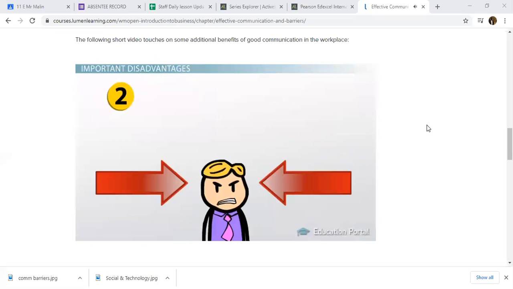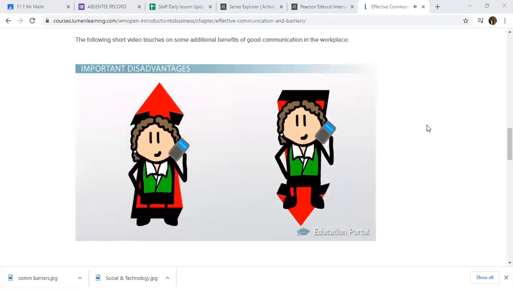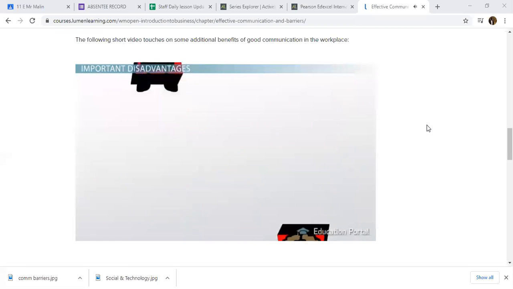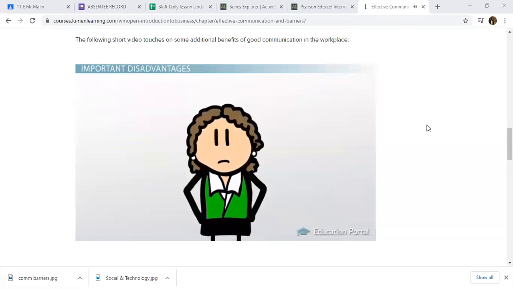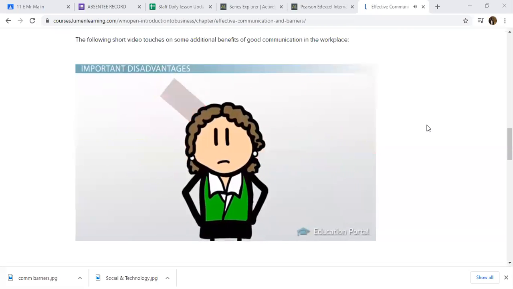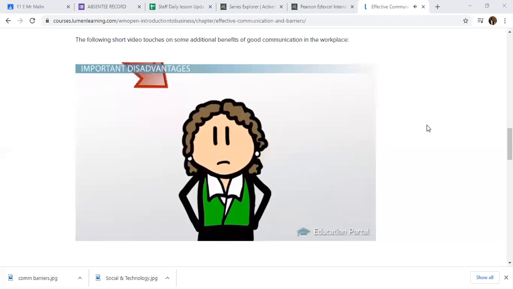Number two, workplace communication can lead to worker burnout or information overload. While most employees are happy about the ability to communicate both upward and downward in an organization, there are limits to the amount of information that they want to receive. If employees are deluged with too many messages or repetitive information, it can hamper employee productivity. Gertrude is currently in that situation due to her extended vacation.